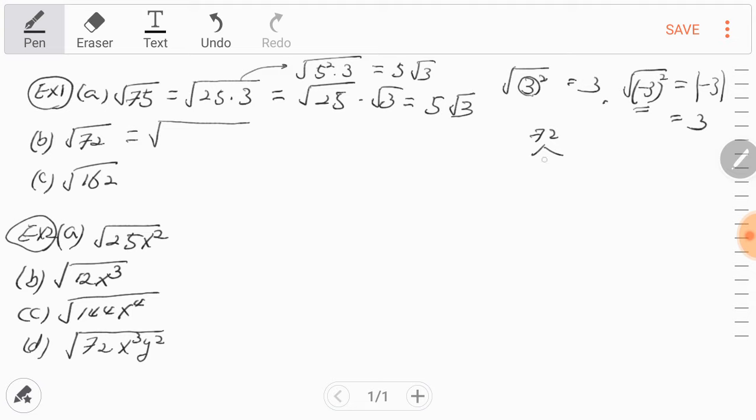If we are not sure, we can start from 2: 2 times 36, and 36 is 6 times 6, so 6 squared. So this is 36 times 2. Then you can separate 36 and 2, and the square root of 36 is 6, so we get 6 square root of 2.